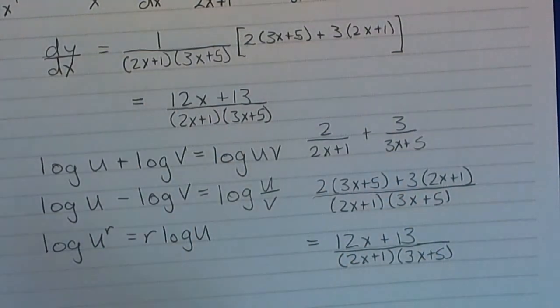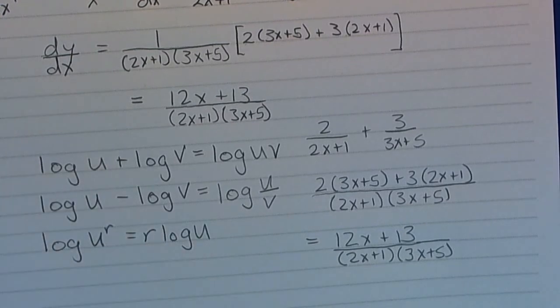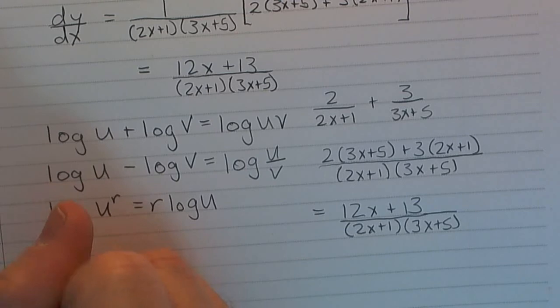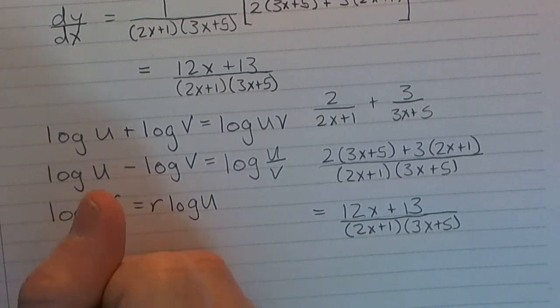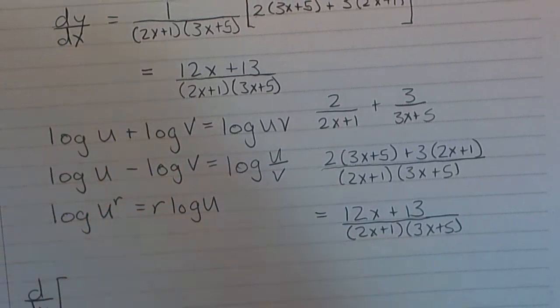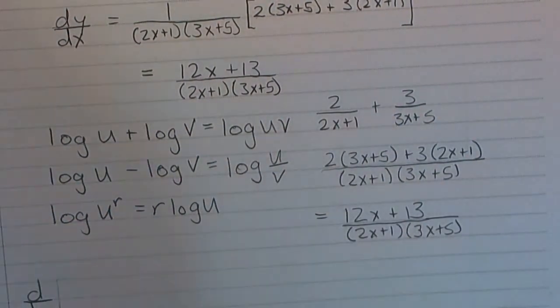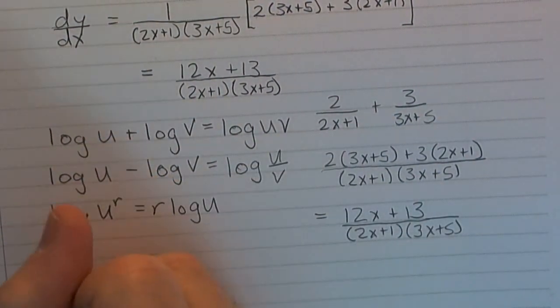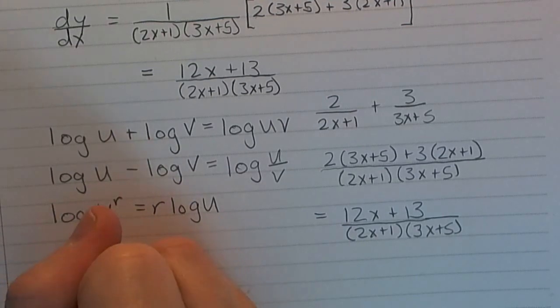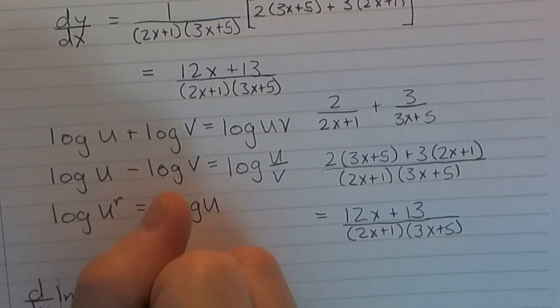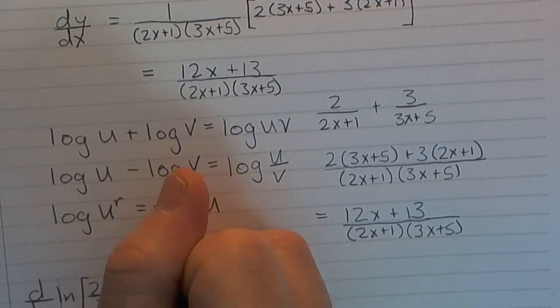So a lot of times, utilizing these properties will help us a great deal. Let's look at another one here. Let's suppose that I want to find the derivative of the log of (2x plus 5) over (3x plus 1) to the 7th.